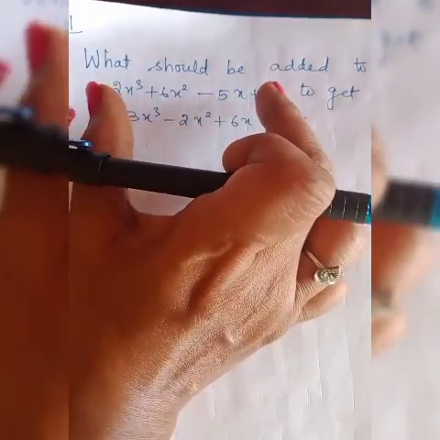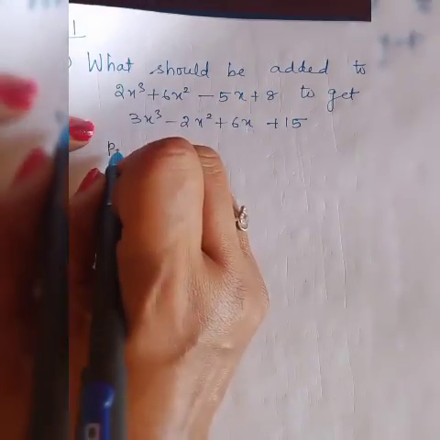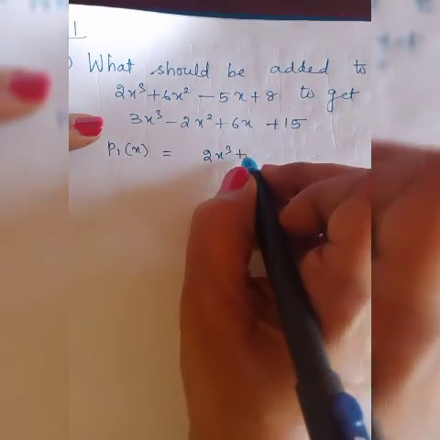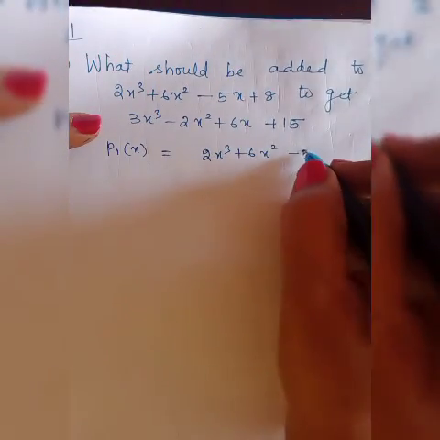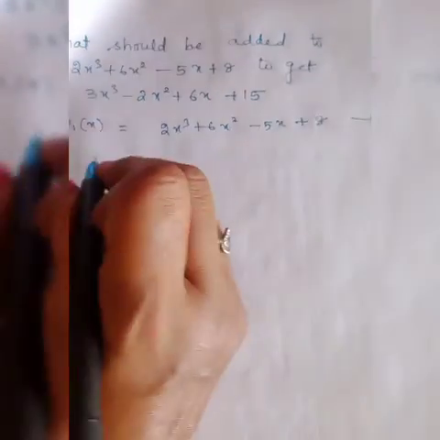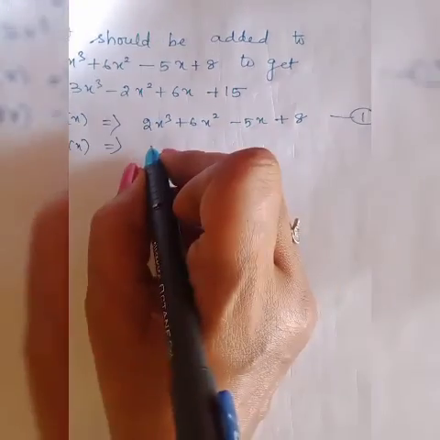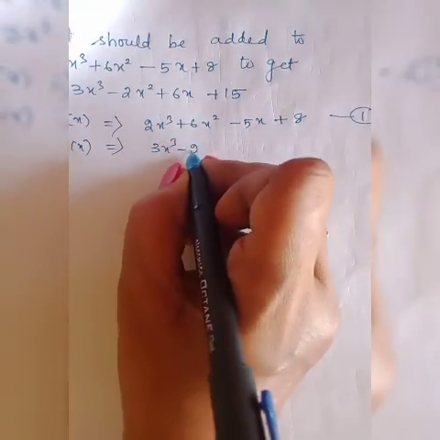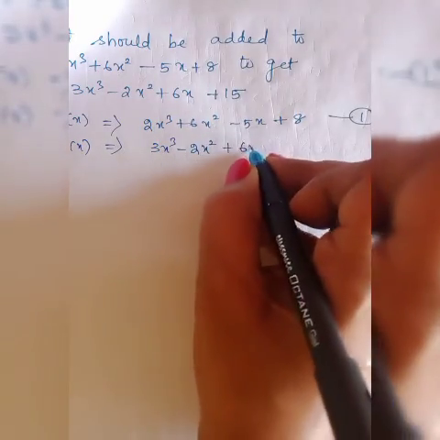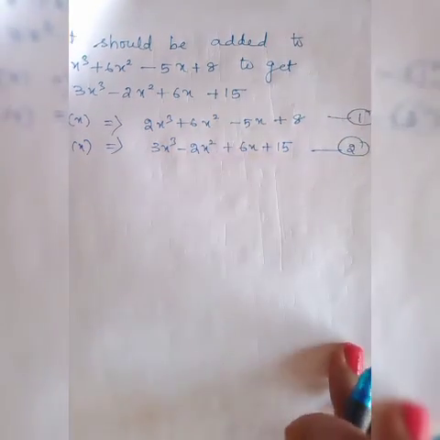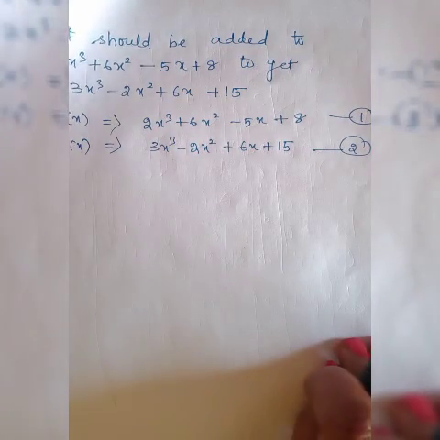Let me take the first polynomial as p1 of x, which is 2x cube plus 6x square minus 5x plus 8, and the second polynomial as p2 of x, that is 3x cube minus 2x square plus 6x plus 15.